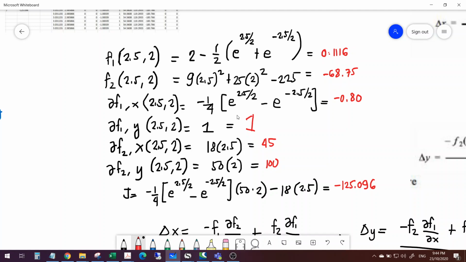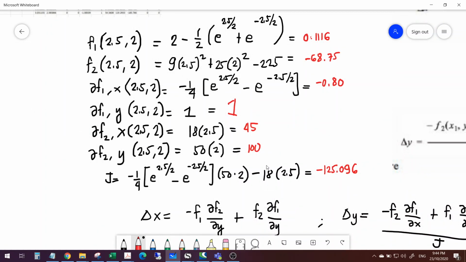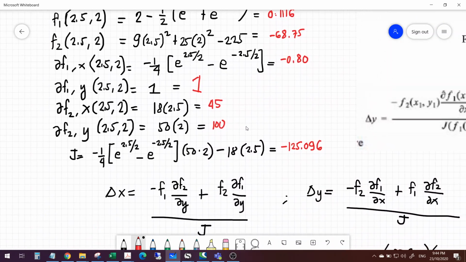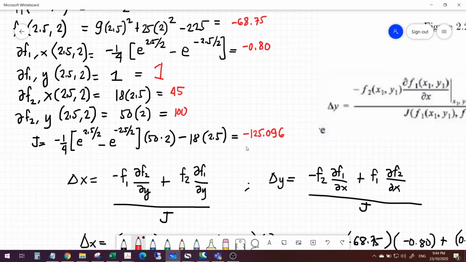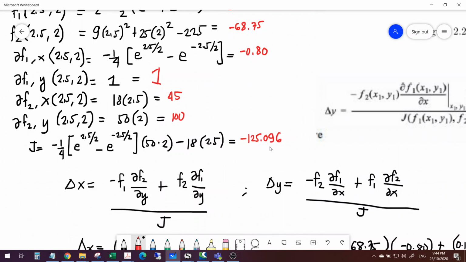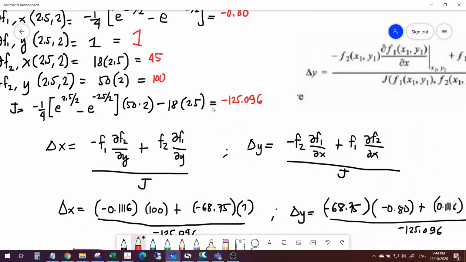For df1 dx, negative 0.8. For df1 dy is 1 because 1 is constant. df2 dx is 45, and then df2 dy is 100. Then substitute now for the Jacobian, we have negative 125.096.